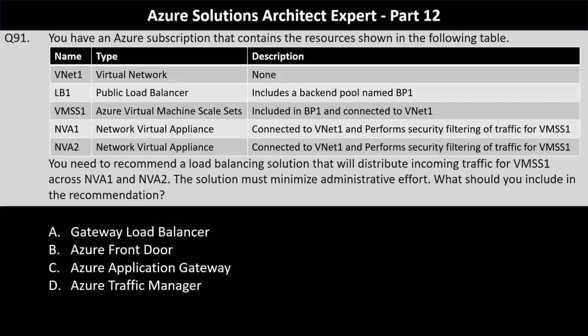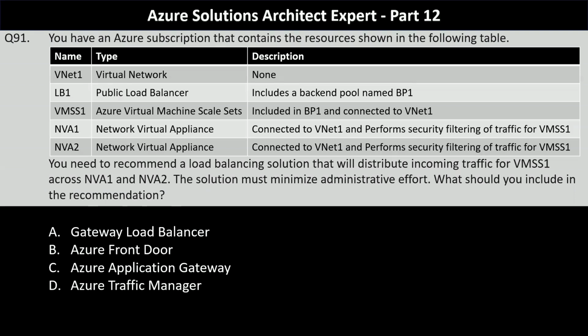Now you have two network virtual appliances with the names NVA1 and NVA2. NVA1 is connected to VNet1 and performs security filtering of traffic for VMSS1, and NVA2 is also connected to VNet1 and performs security filtering of traffic for VMSS1.